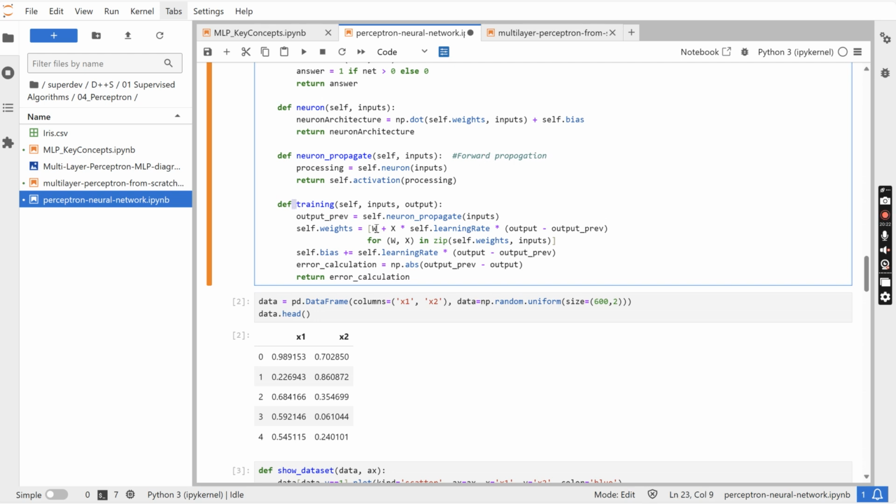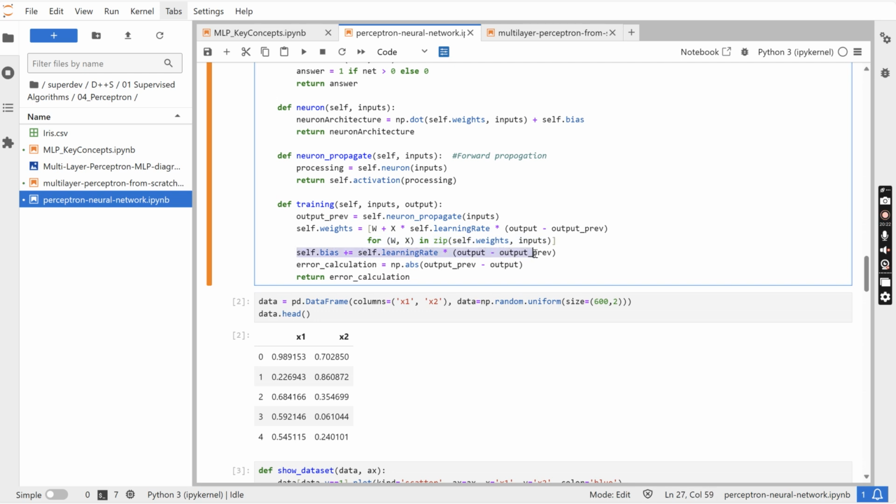So in the training phase, what is happening? The output is obtained by taking the inputs and putting them in these calculations, and the weights are updated. What are weights? You look at the original output versus the output you have obtained, subtract that, and multiply with the learning rate. That is what we did for the weights as well. You multiply this with the x, along with the original weights, for all the rows of data.